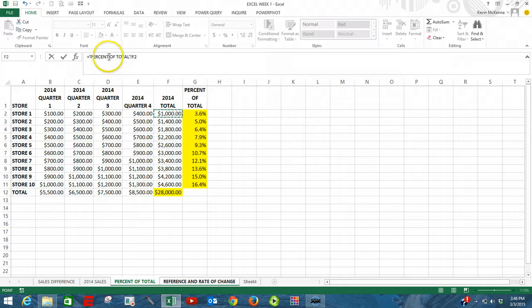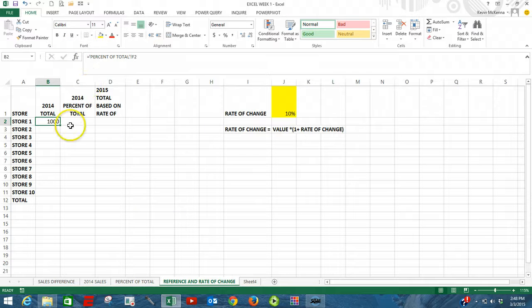So I'm in the percent of total sheet, in cell F2. Click the check mark. Once again, this 1000 is coming from the sheet named percent of total in cell F2. Go to my fill handle, drag it down.